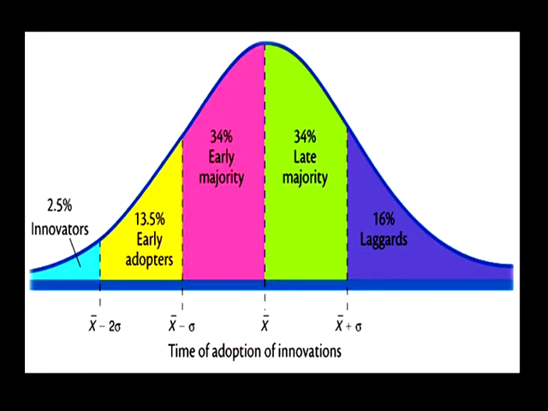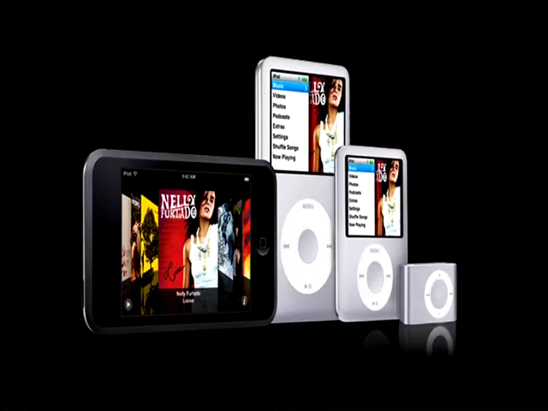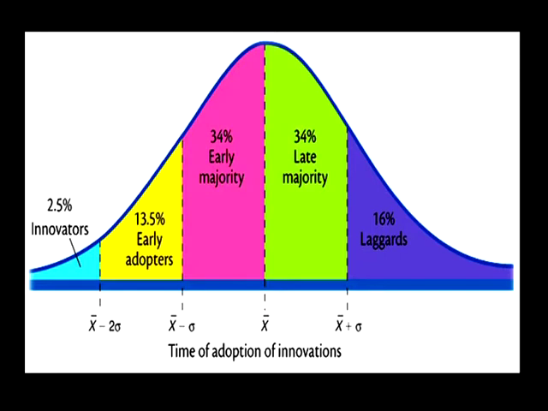For example, let's look at this figure which explains the innovators, early adopters, early majority, late majority and laggards on the graph. Let's take the example of the iPod. Normally 2.5% of the people are initially considered innovators who would like to try a new product when it is launched.